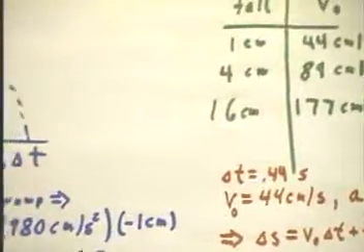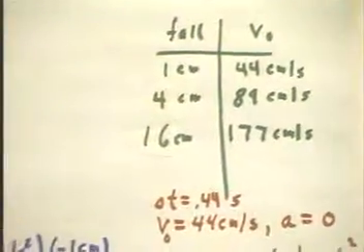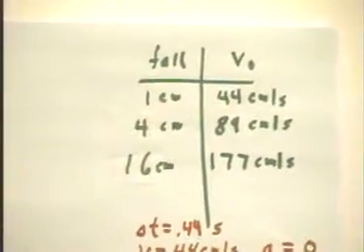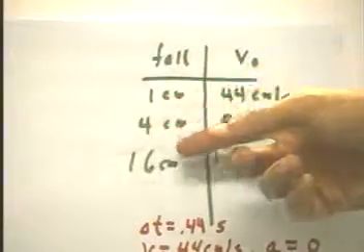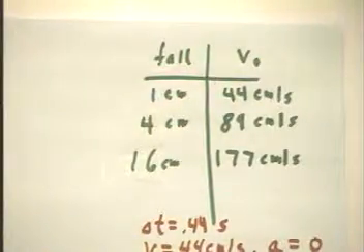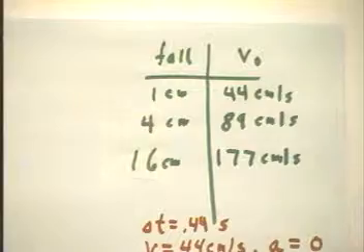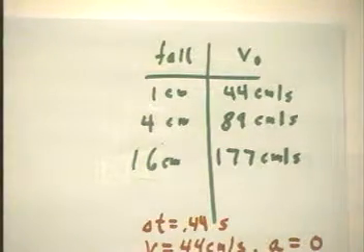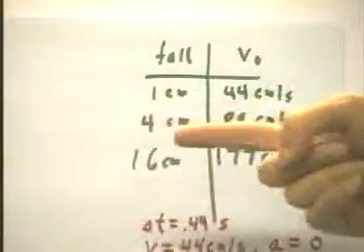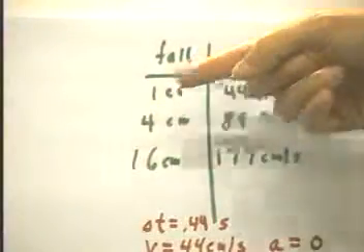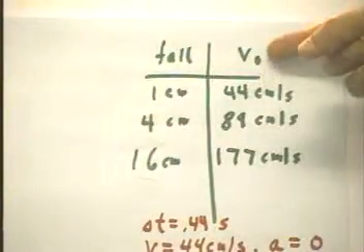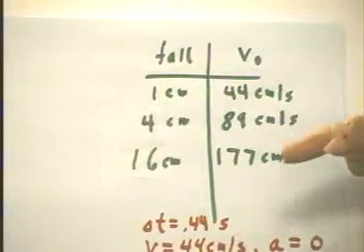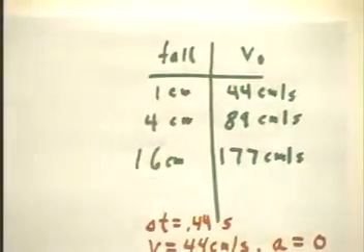Now what we want to do is find the total horizontal range for each fall, and we have falls of 1, 4, and 16 centimeters. We find that for each of these falls, if all the potential energy change goes into kinetic energy, and if that energy results in an initial velocity that's completely horizontal, with no vertical component, the ball coming off the edge of the ramp horizontally, we get these initial velocities by the same method that I used before.